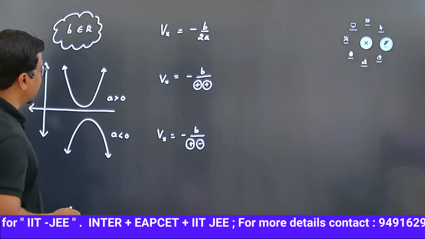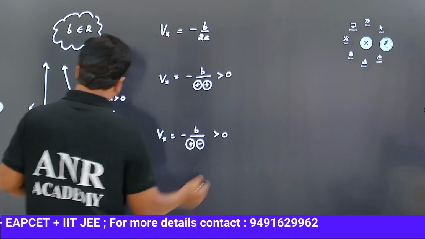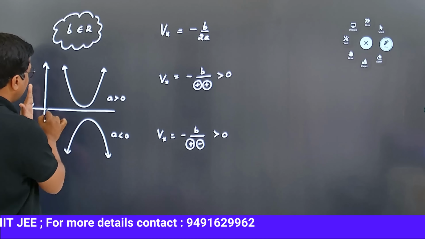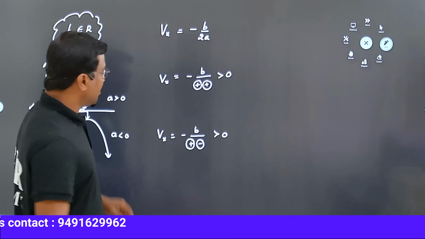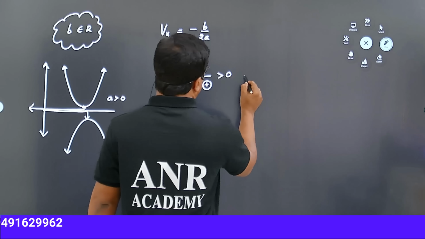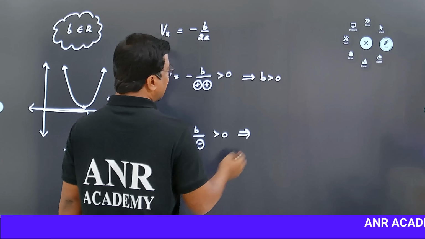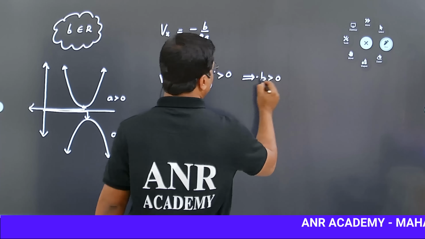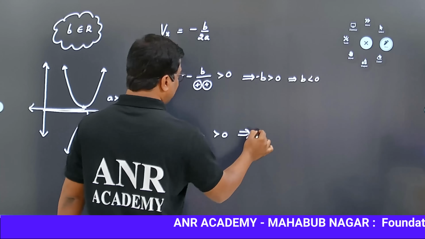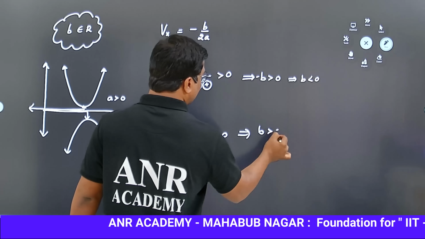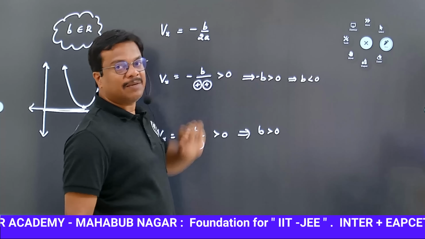When the graph is entirely on the right side of the y-axis, Vx is positive. Here both the graphs are entirely on the right side of the y-axis, therefore the x coordinate in the first case and in the second case are both more than 0, and hence I can write minus b more than 0, which implies b less than 0. Next, here the plus sign, b more than 0. So b becomes positive in this case, and b becomes negative in the other case.